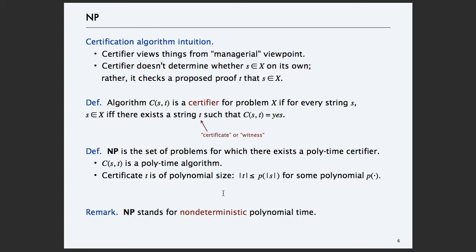And especially for those of you who are taking theory of comp, NP stands for non-deterministic polynomial. Basically, the idea in theory of comp was to say, oh, if you could try every possible solution, so if you could try every possible T at the same time, it would be polynomial.